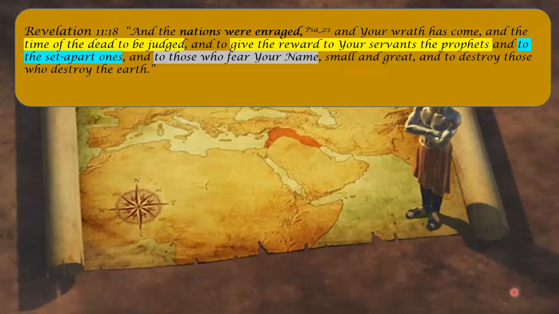So right here in this scene, we see the dead will be judged, and the believers will be given rewards, the servants of Yahweh and the prophets, and the set apart ones and those who fear his name.